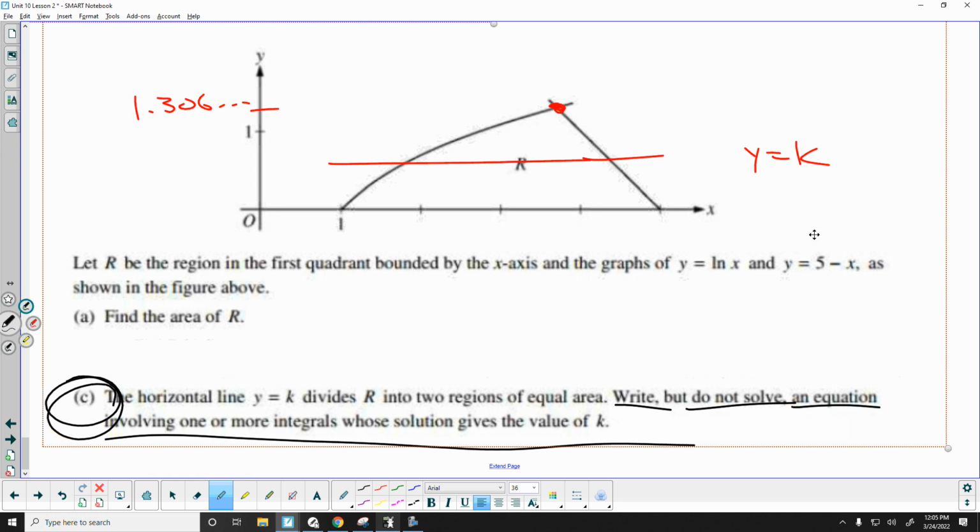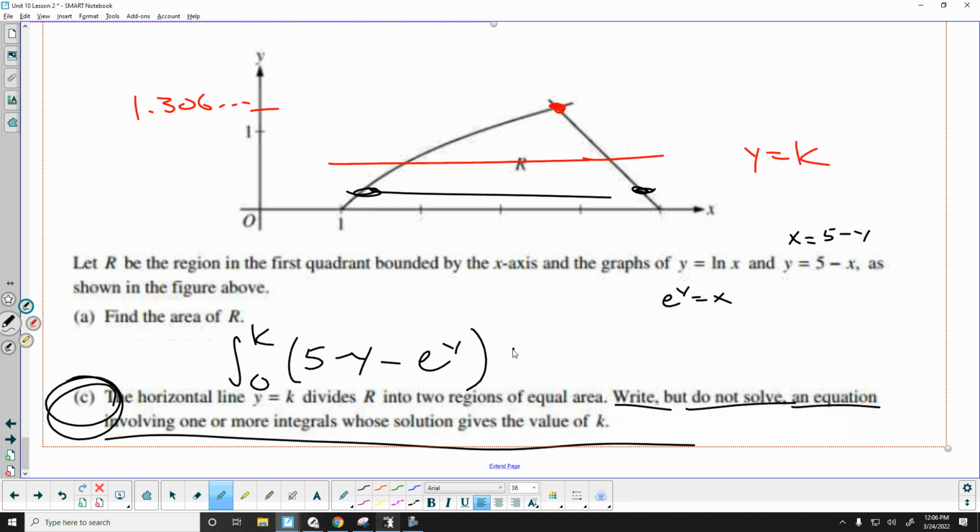Now I have to solve these equations for x. Hold on. How do you solve y equals log x for x? E to the power. Good. Okay, ready? An integral from 0 to k of my right minus my left, 5 minus y minus e to the y, will equal half of my area. Sure, but I don't have the area.